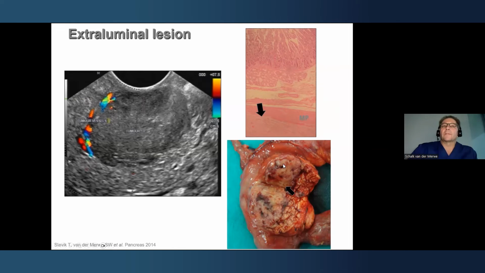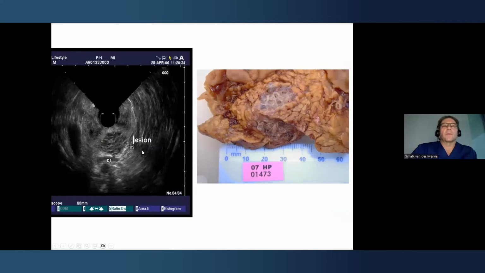And what was very clear from the resection specimen, that this tumor did indeed originate from the muscularis propria. This was an exophytic growth of a GIST tumor that could have been anticipated by careful examination of the echoendoscopic view. This is another example where our EUS correlates with the post-surgical specimen.